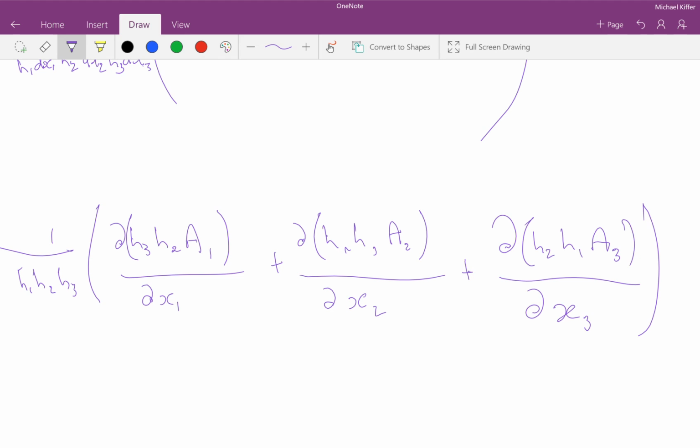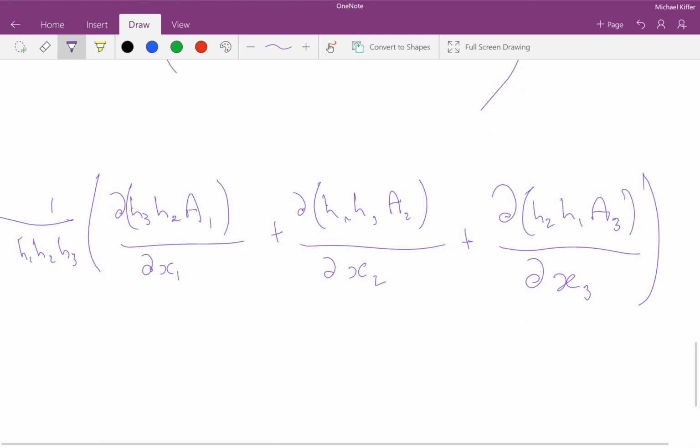And that is a scalar quantity, which is kind of like the amount of source per unit space.